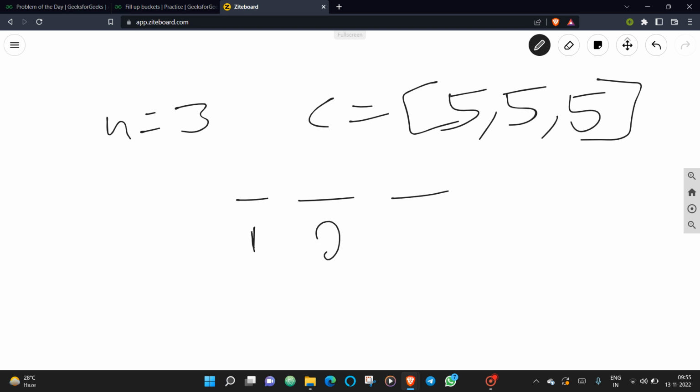It should start from 2. Now, can you say what are the choices that remain for bucket 3? Except 1 and 2, it can contain any number, right? So that will be 3 and 4 and 5. So can I say that it will have a total of 3 choices?